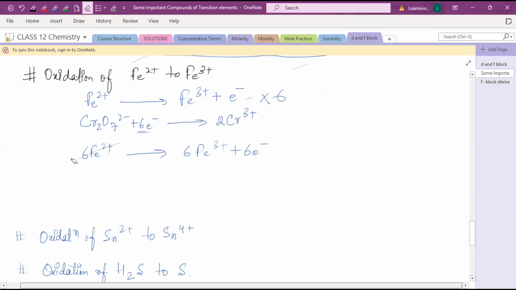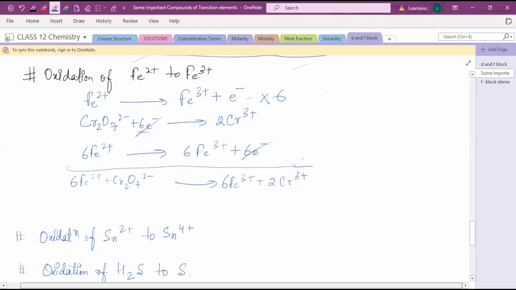The 6 electrons and 6 electrons will cancel out and you will get this equation: 6Fe2+ plus Cr2O7 2-, and on the right side, 6Fe3+ plus 2Cr3+.